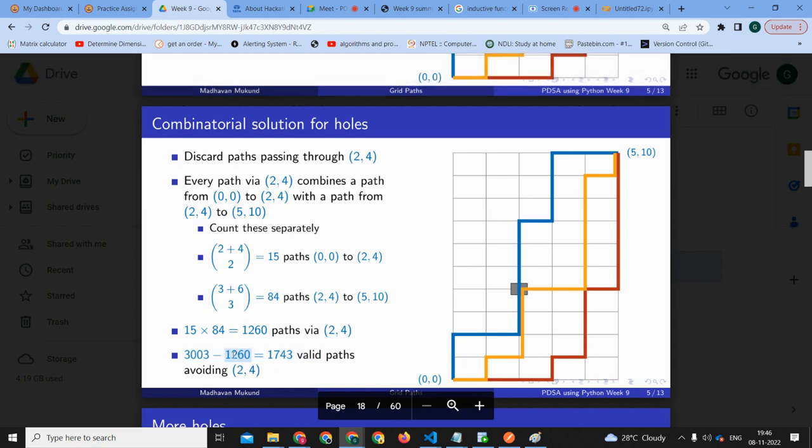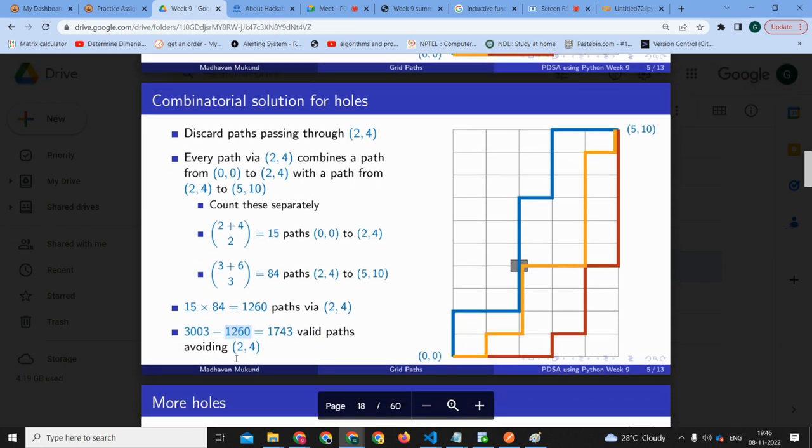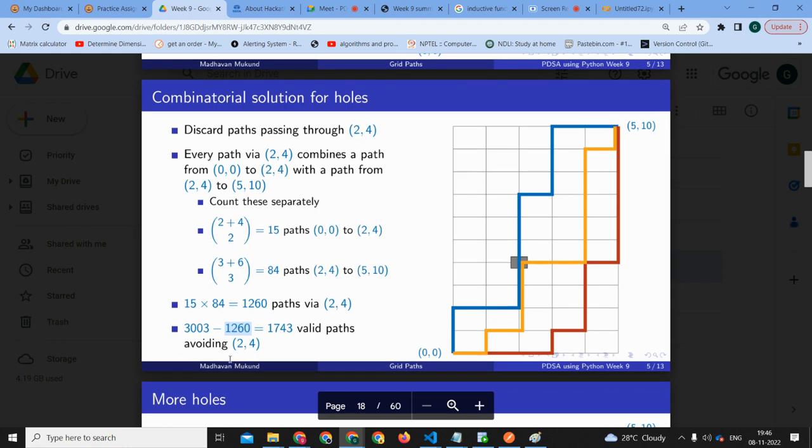Okay, Vikram, you got it now? For subtracting from the whole set, we are avoiding those parts. We are not going to go through 2 comma 4 to 5 comma 10. We can't go, but the calculation needs to be done and it is subtracted from the total.